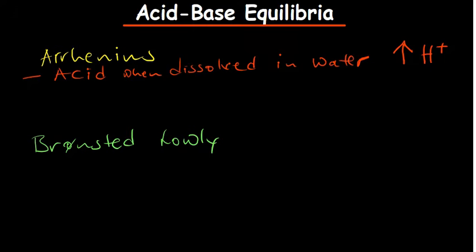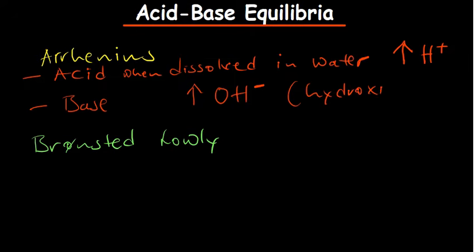An Arrhenius base, on the other hand, is defined to be a substance that, when dissolved in water, increases hydroxide ion concentration in the solution.